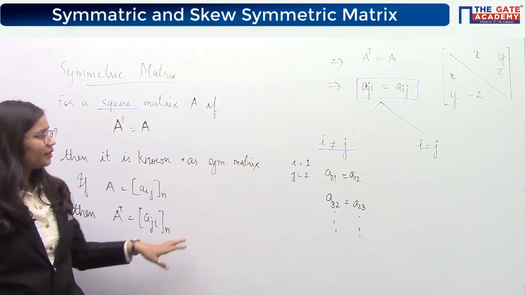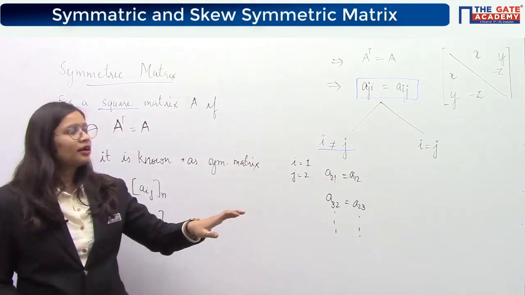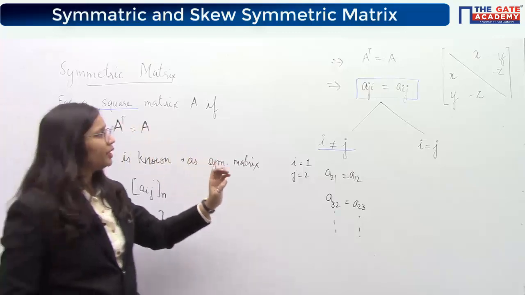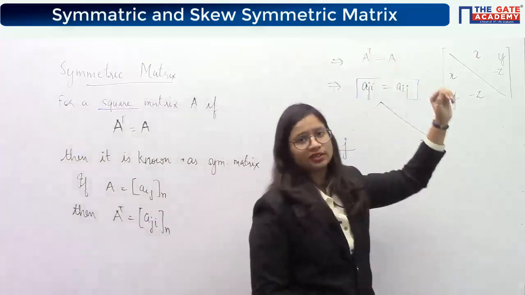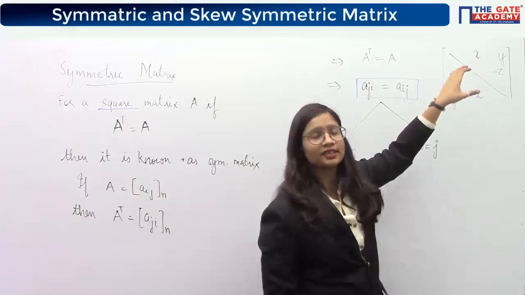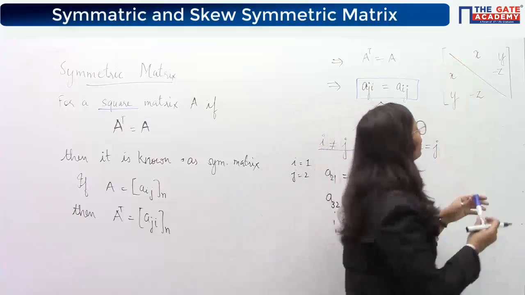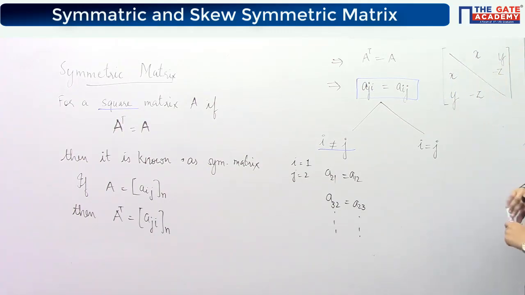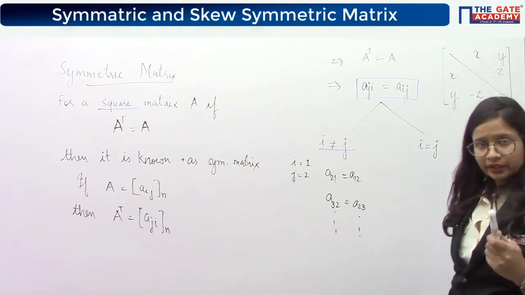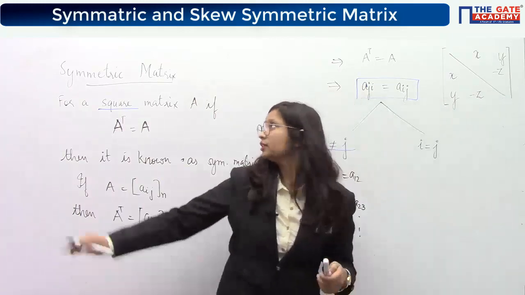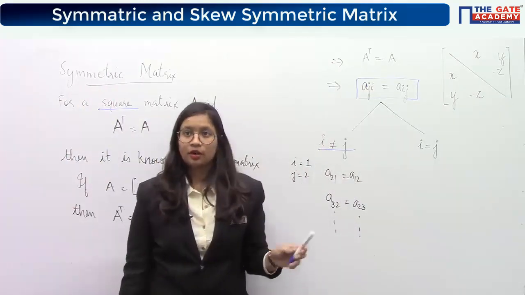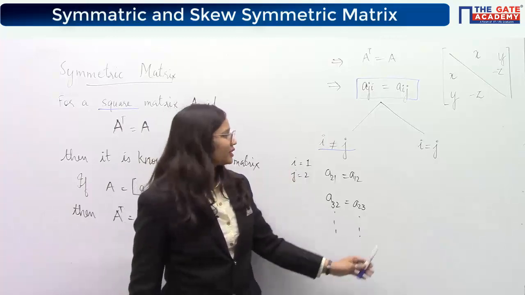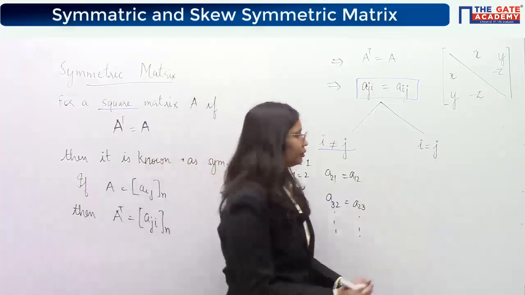So for non-diagonal elements, the elements will be like this, and that is why this matrix is known as a symmetric matrix, because there is a symmetry about the diagonal. If you take the diagonal to be a mirror, the upper part forms a mirror image of the lower part. That's why the name is symmetric matrix. One thing to note. Now let's come to the part when i is equal to j.